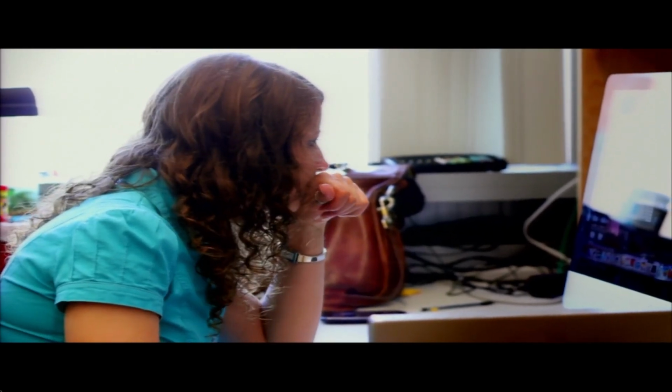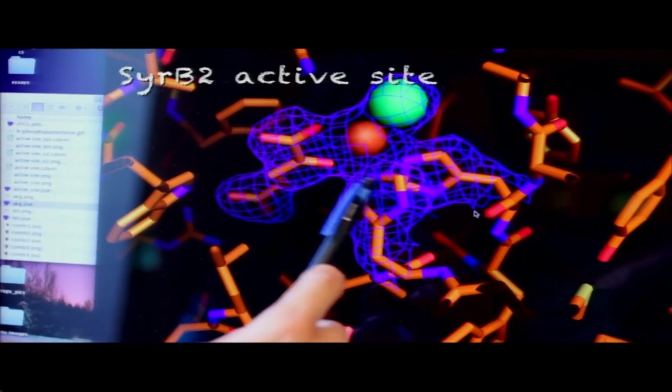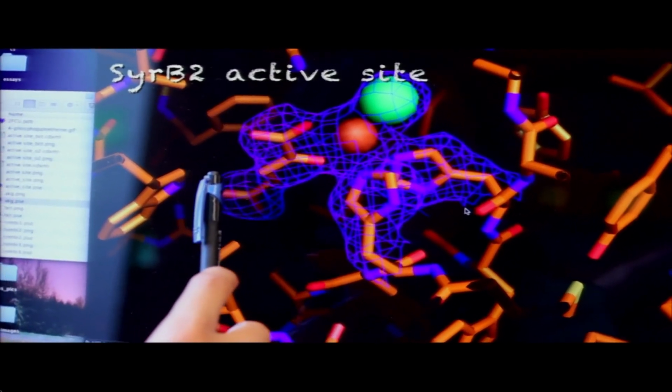I'm hoping to figure out how SyrB2 positions all the atoms in such a way that they react in this very controlled, very appropriate manner, so that later we could maybe re-engineer this or other proteins to make them do chemistry that we want them to do. My hope is that we could understand SyrB2 well enough that we'll be able to remake it into a protein that will actively participate in synthesis of new antibiotics.